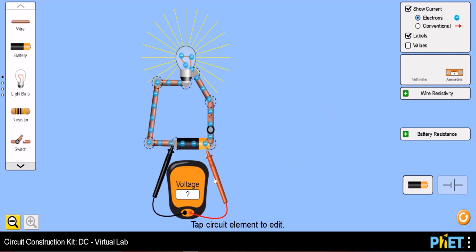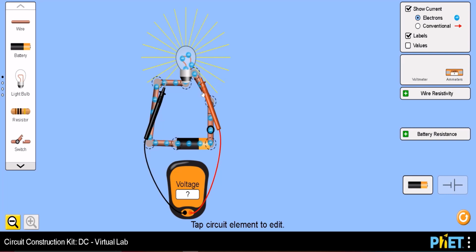So yes, it is 9 volts. Okay, so let me join the same voltmeter across the two terminals of the bulb, and it is showing that it is 9 volts.